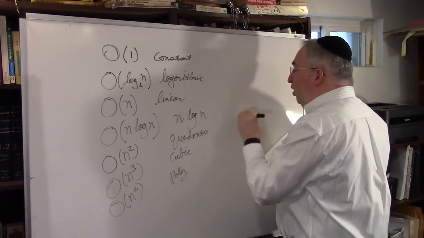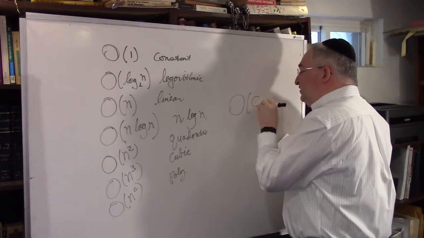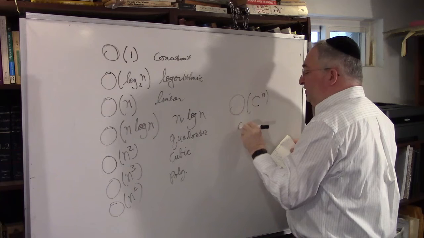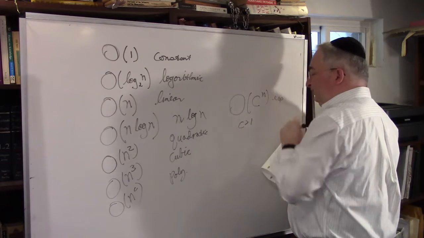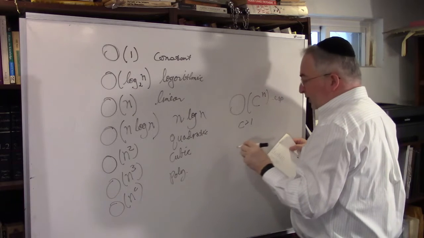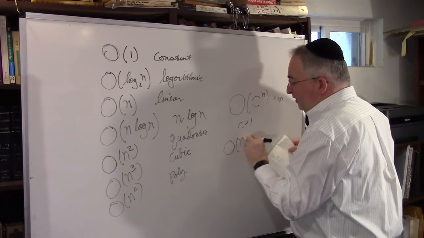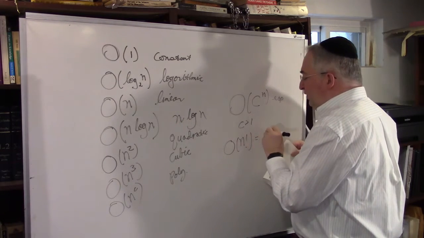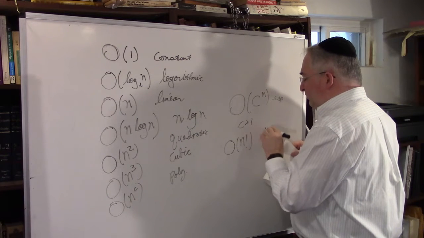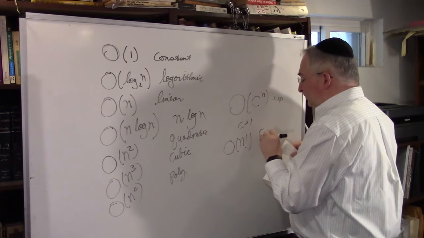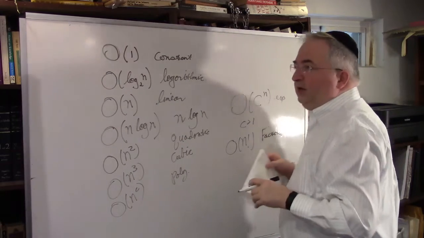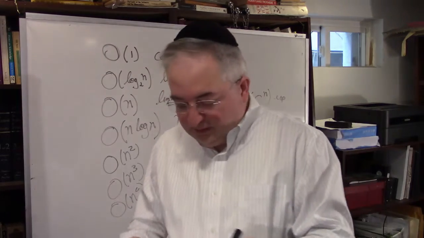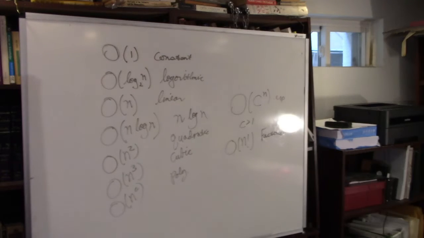O of c to the n, where c is greater than 1, is called exponential. And O of n factorial are called factorial algorithms. So lots of different names for lots of different algorithms. Okay, great.